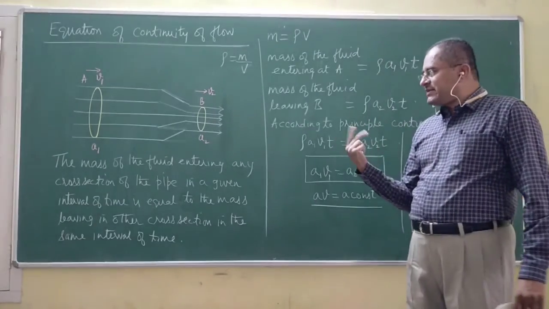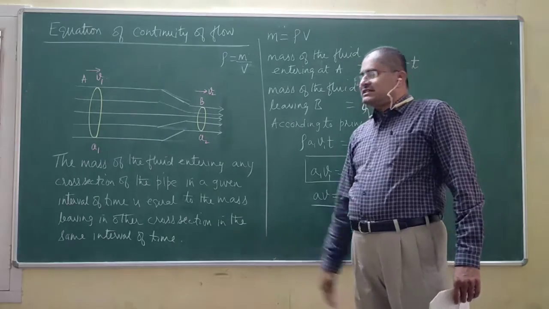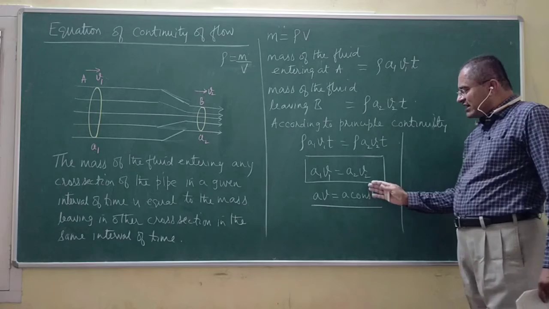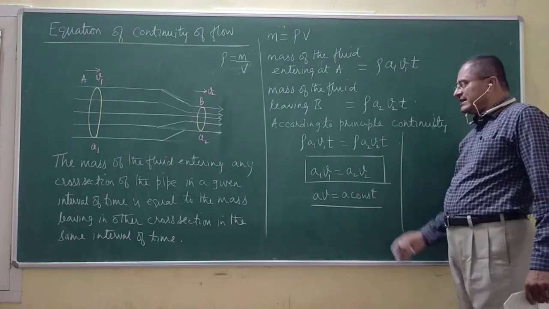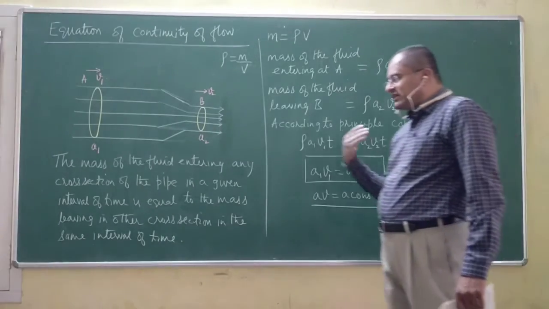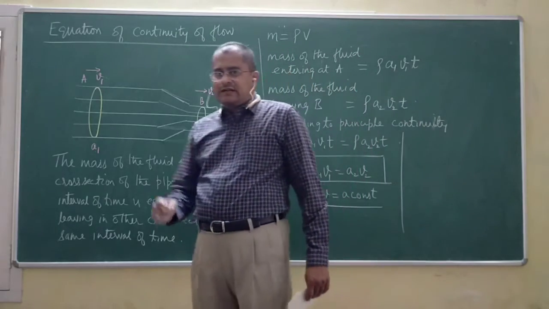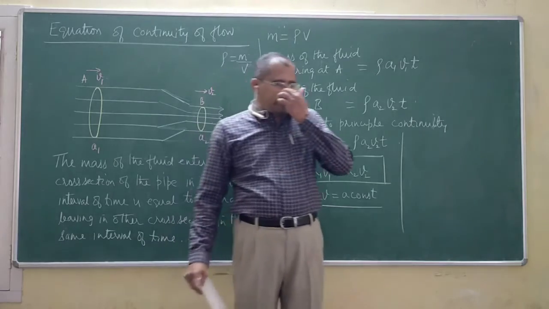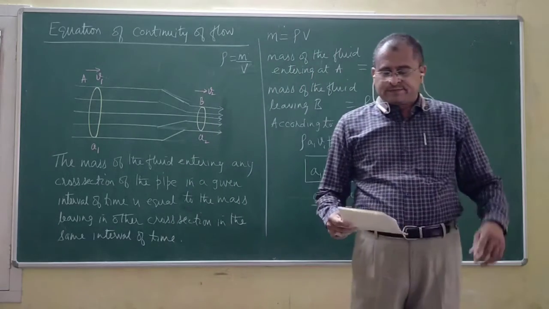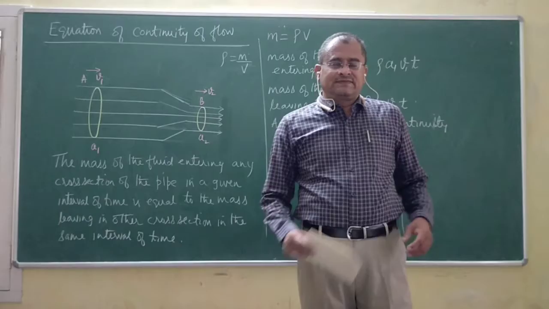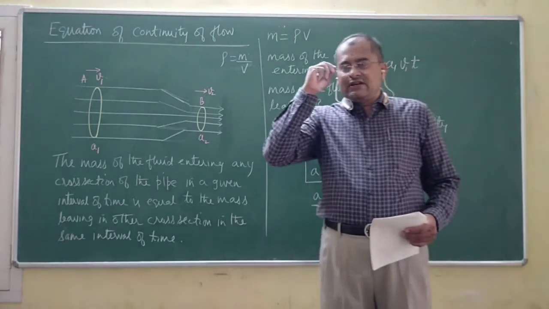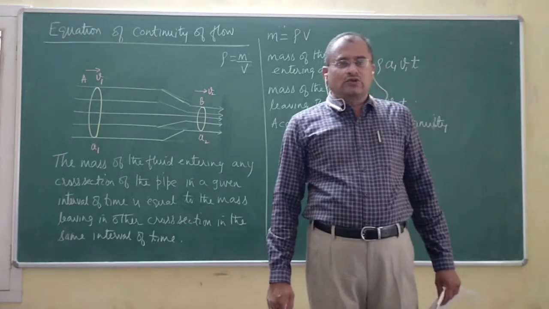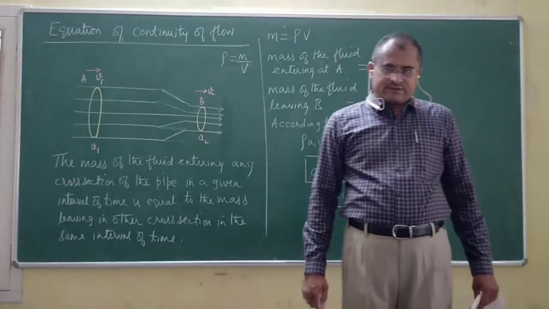Two more questions that can be asked here is, what is the principle of continuity? I have given you, arrived at the equation of continuity. What are the inferences from the equation of continuity? I am repeating it. Please make a note in your notebook. From the principle of continuity, we have point number 1. Velocity of the fluid entering any cross section of the pipe is inversely proportional to area of cross section of the pipe.